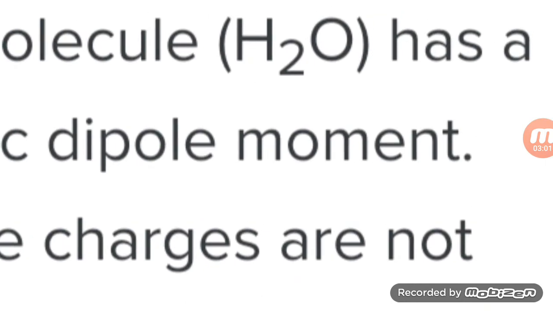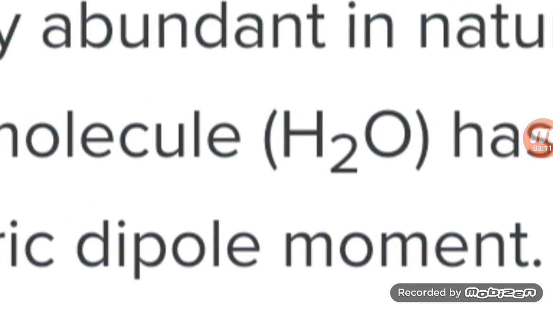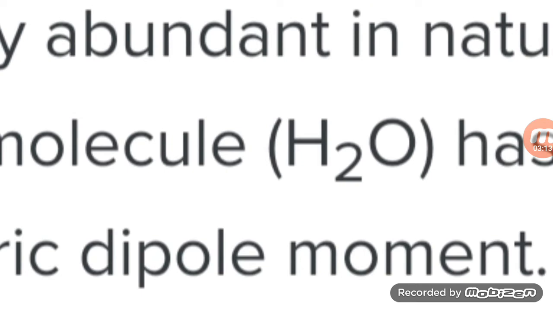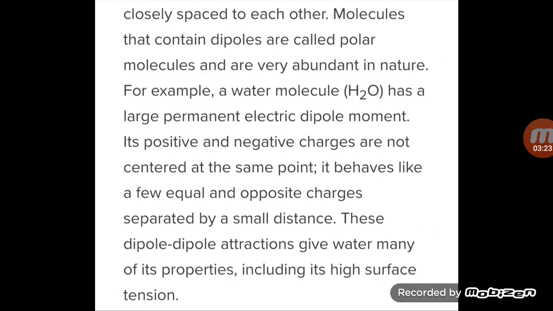The electronegativity difference between oxygen and hydrogen is very big. So the partial positive charge comes on hydrogen and the partial negative charge comes on oxygen. As a result, a dipole is created, which causes further attraction to other molecules.